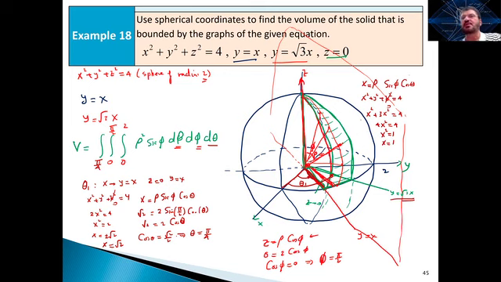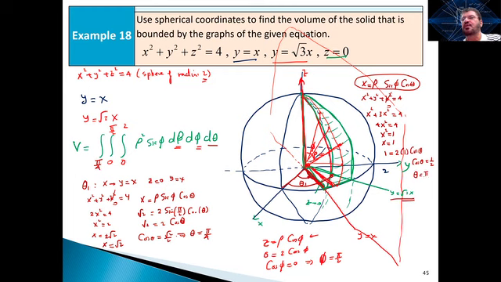So now we're going to go to this one. And we say 1 is equal to rho, which is 2, sine phi, which is 1, cosine theta. So cosine theta is equal to half. When is cosine theta equal to half?